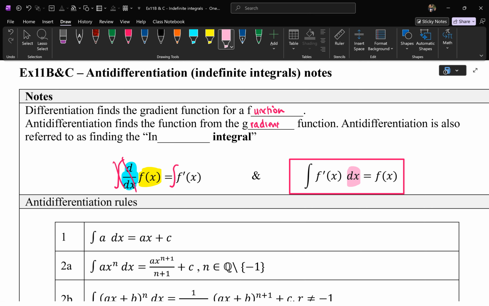The reason why is, remember how I taught you about estimation of areas? Area under the curve relies on the fact that you're making these rectangles, and these rectangles have a height, which is the function, but also the change in x. So this here means the sum of all the areas, and then dx is multiplying.